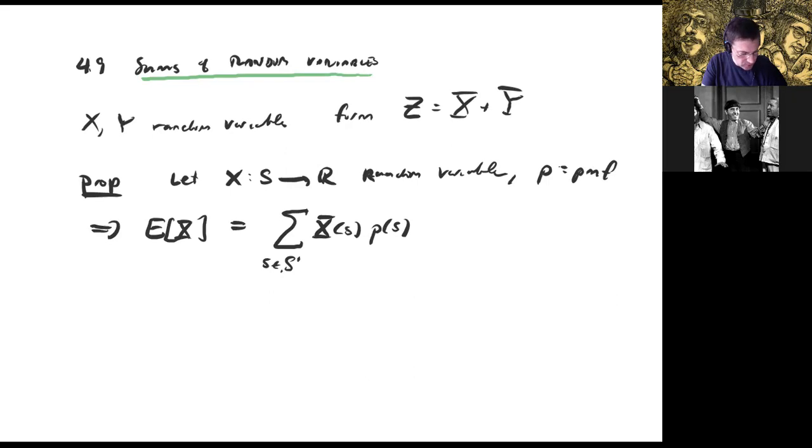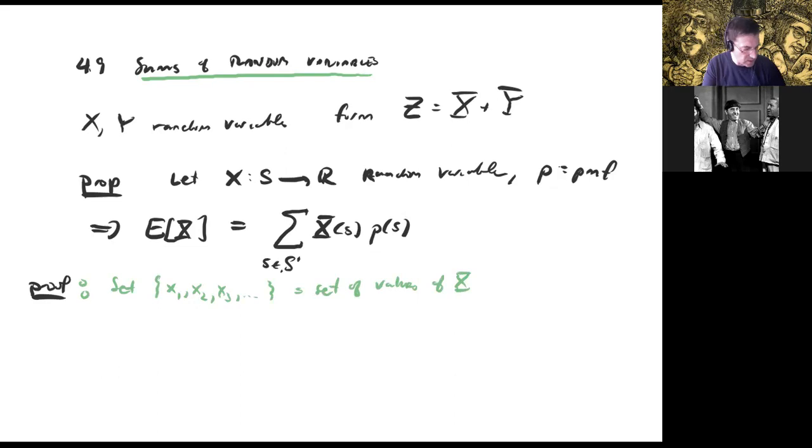So let me give you a proof. Maybe the proof should be in a different color. Let's make it in green. Okay, so let's set x1, x2, x3, etc. These are all real numbers. This is the set of values of X, the set of all values that X can take.